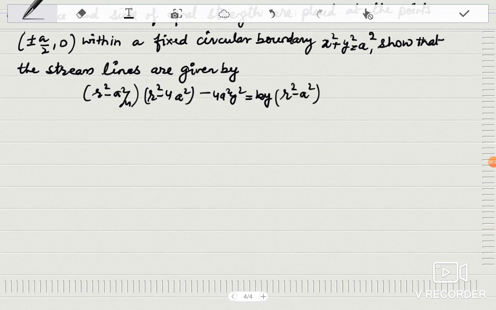Though I'll not solve the example up to this level, I would just tell you how we use the circle theorem.